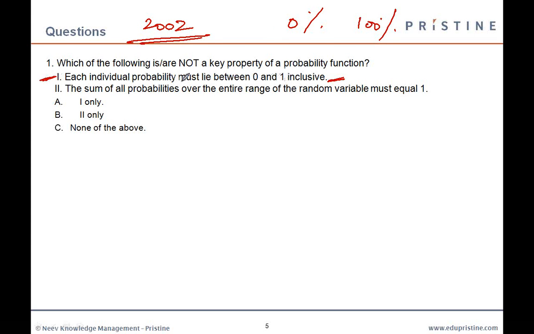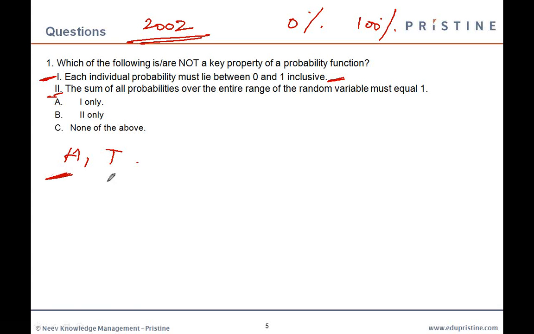So 1 is definitely a property of a probability function. What about 2? The sum of all probabilities over the entire range of the random variable must equal 1. Is it a property? Yes, this is also a property of a probability function. That is, when I toss a coin, I get either head or tail.